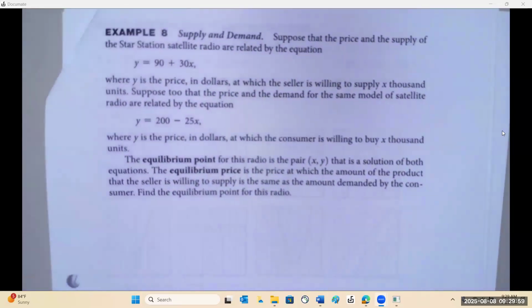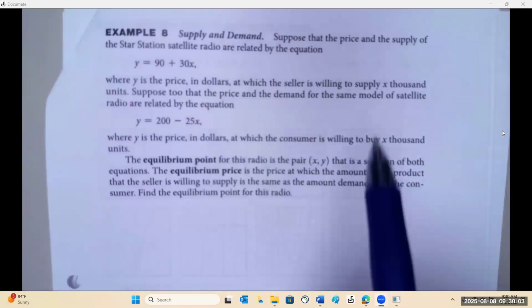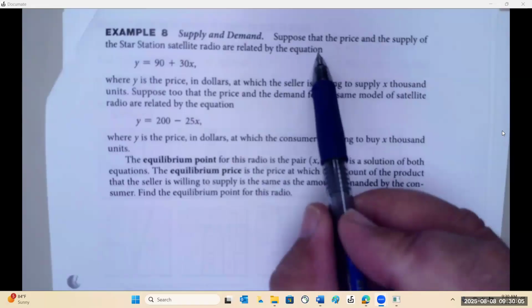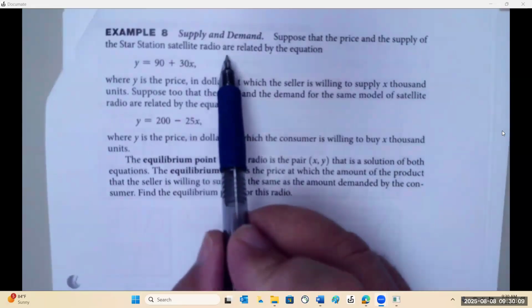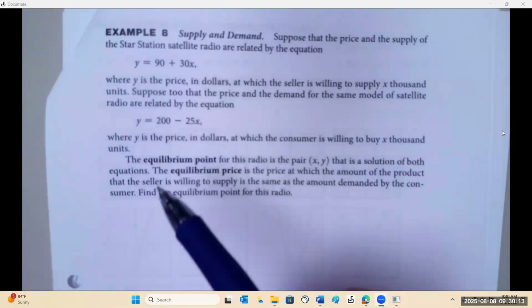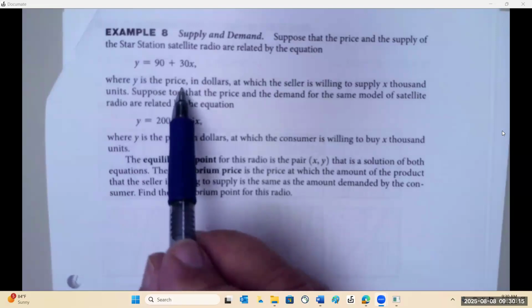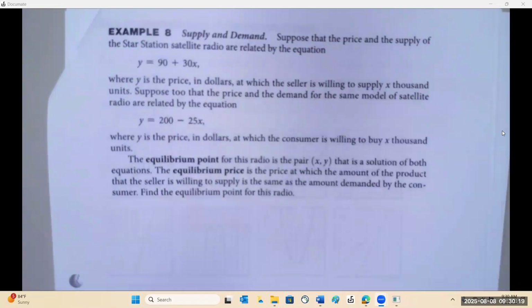Okay, the last one is pretty much set up for you. Supply and demand. Suppose the price and the supply of the star station satellite radios are related to the equation y equals 90 plus 30x, where y is the price in dollars at which the seller is willing to supply x thousand units.